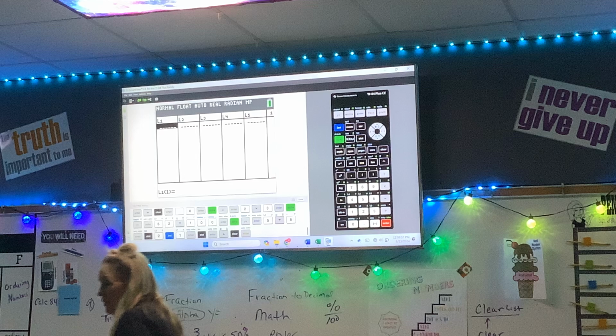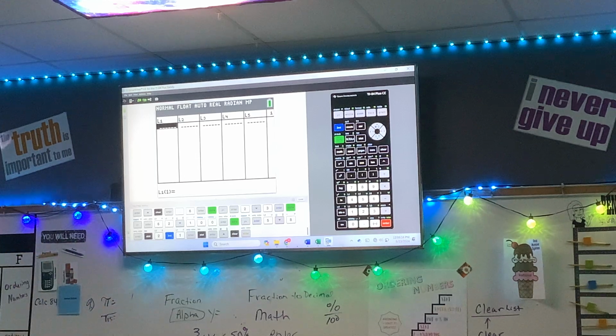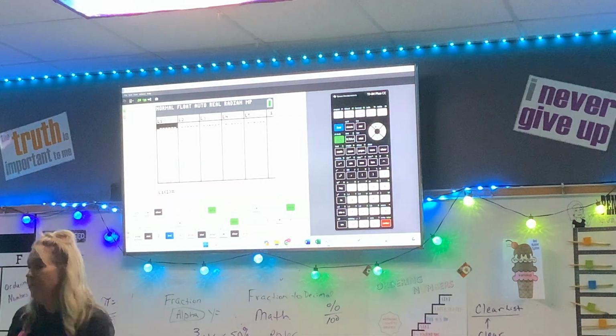2 numbers on the number line, square root of 25 over 2, and your 3 pi. It says which value is not, can you circle the word not, between these 2 numbers on the number line?